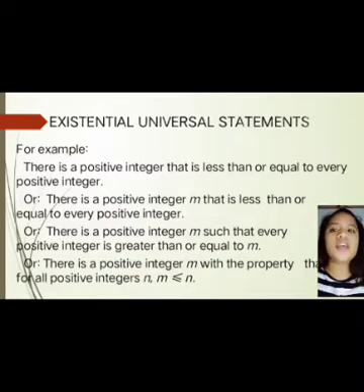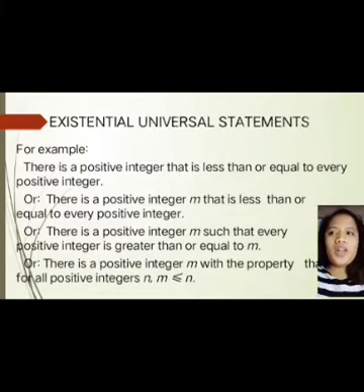An existential statement says that something exists or is true for certain elements. A universal statement says that a concept is true for a set of elements, a collection of things, for example, numbers.